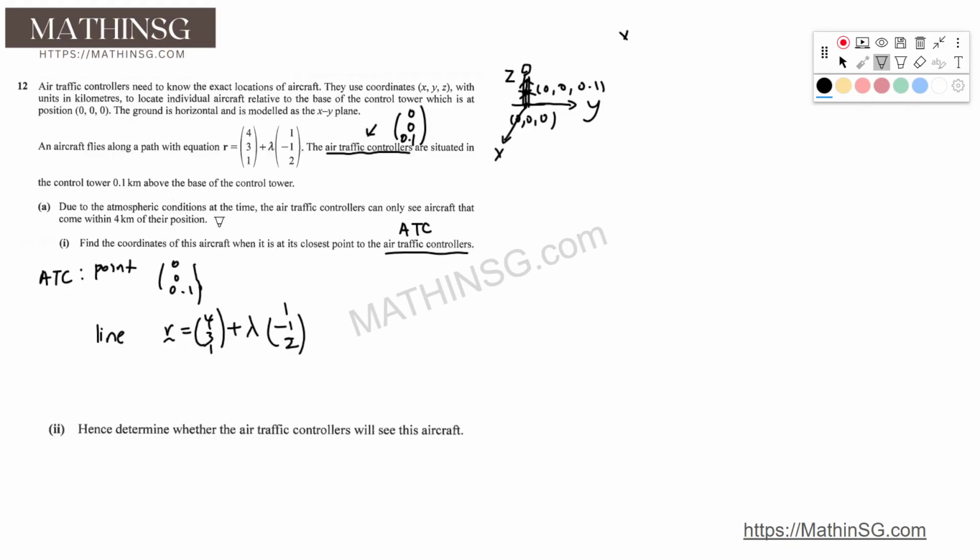Well, in this question, they are trying to ask us what is the shortest distance between the point 0, 0, 0.1 and the line, which is represented by this equation here. So what is the foot of perpendicular from this point to the line L? Because at the foot of the perpendicular, this point is closest to the line. So this is what they are asking for.